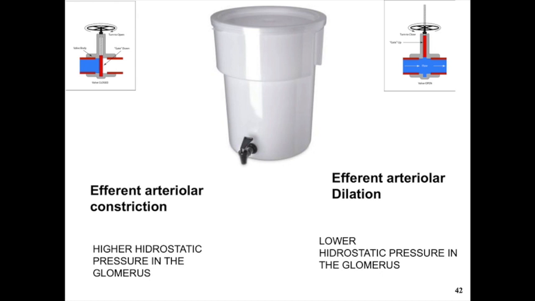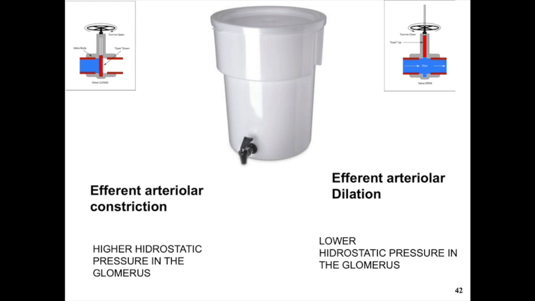So going back to the actual glomerulus, dilating the efferent, you allow blood to flow out of the glomerulus, and therefore the pressure inside of the glomerulus goes down. Closing or constricting the efferent, which is the same thing as increasing the resistance of the efferent, will do the other way around.